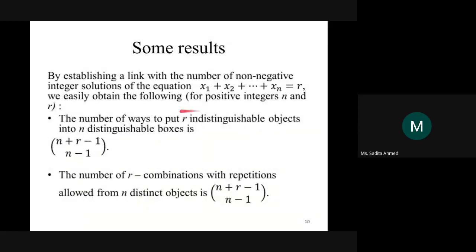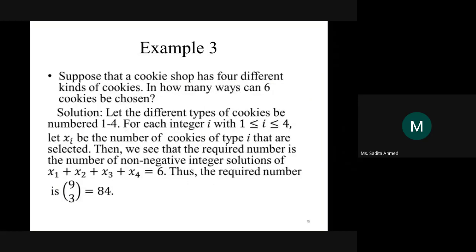So in that case as well, we'll follow the same formula. N plus r minus 1 c n minus 1, or n plus r minus 1 c r. Also, let's look at this problem from scratch, but from a third angle.